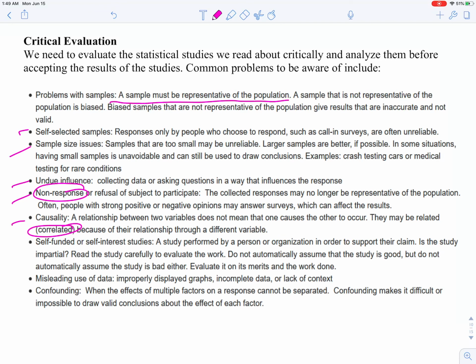So can we say that one causes the other? I mean, yeah, as the temperature drops, maybe, in certain places there could be snow and whatever. So it's really the snow, not necessarily the temperature, that's causing the drop in crime, right?